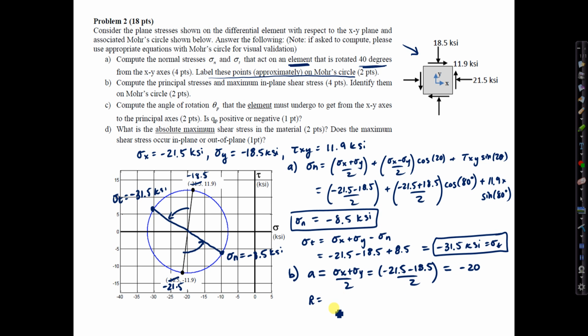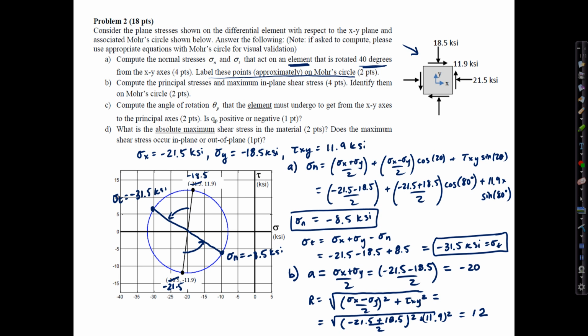The radius, square root of sigma x minus sigma y over 2 squared plus tau xy squared, is equal to negative 21.5 plus 18.5 over 2 squared plus 11.9 squared, and that gives me a radius of 12. Another nice number.